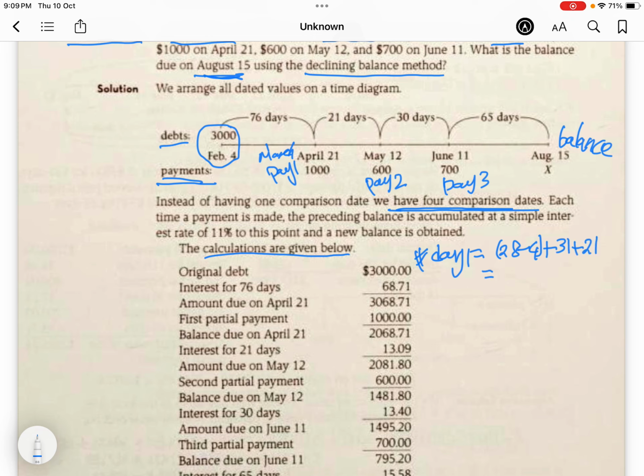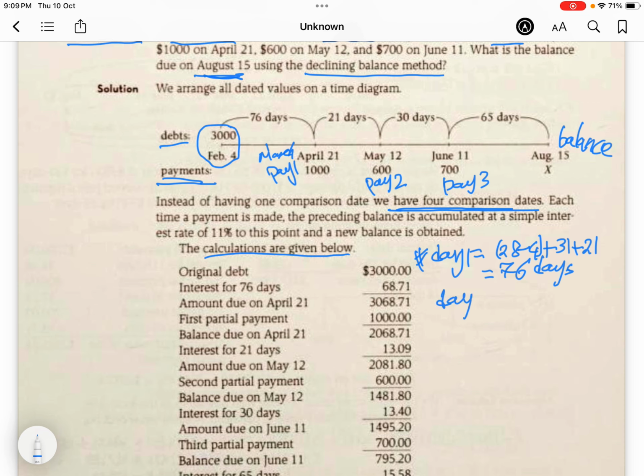I will calculate it: 24 plus 21 plus 31, you will have 76 days.